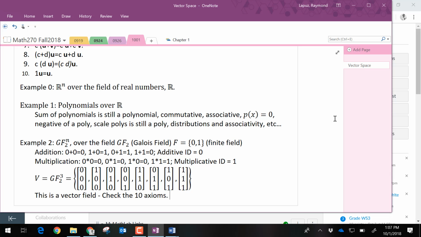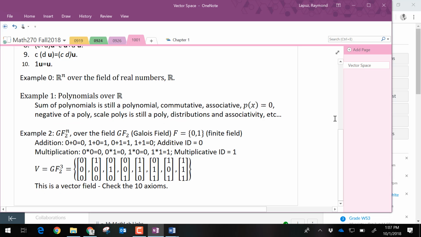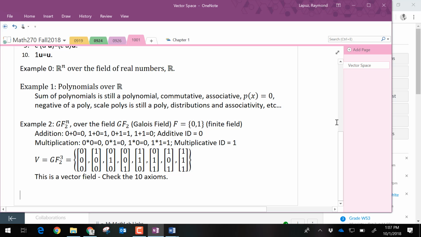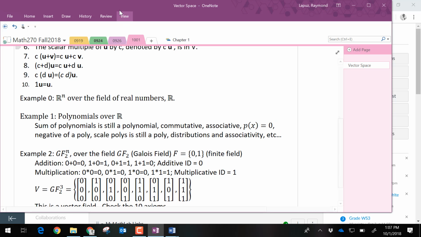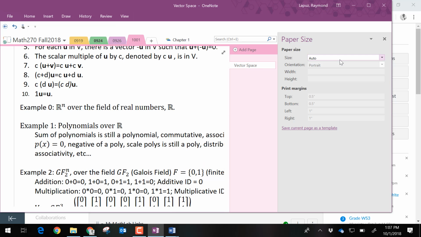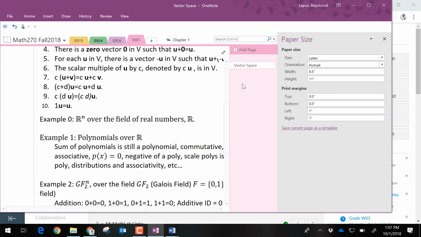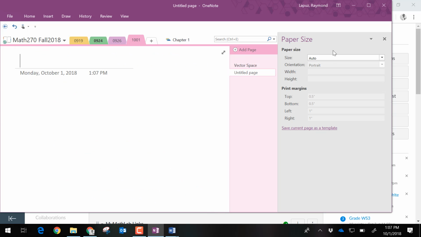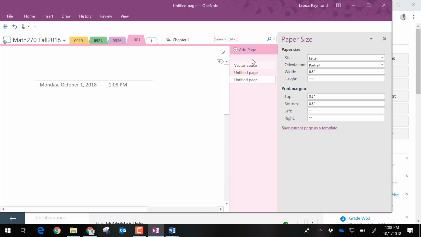No, it'll be handwritten. All right. I think we're out of. Oh, I didn't do my paper size here. I hope it didn't go over 8.5 by 11. There's got to be a way to do the default for this instead of having me fix every page.